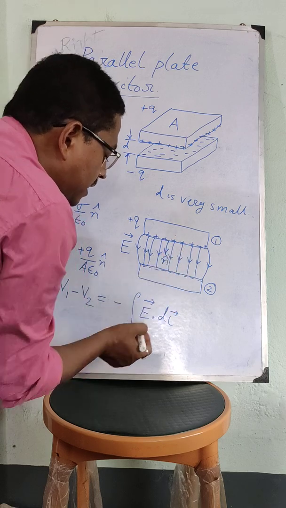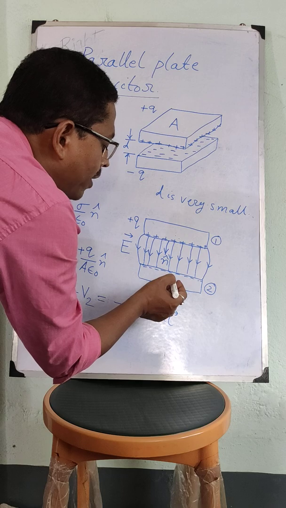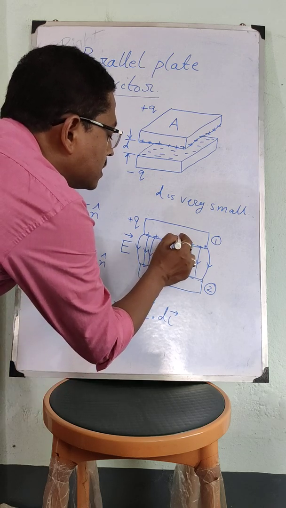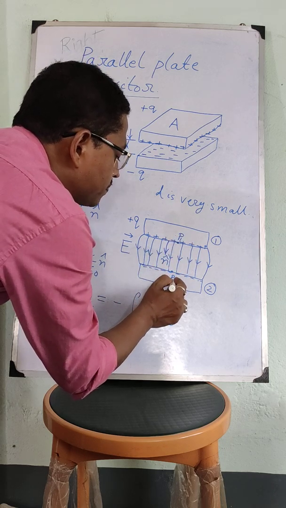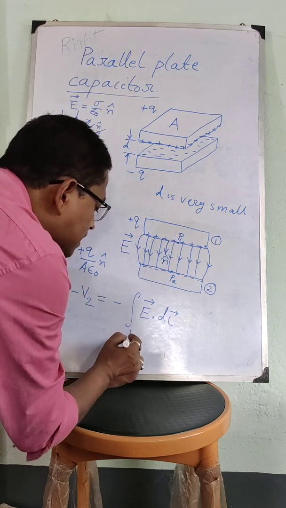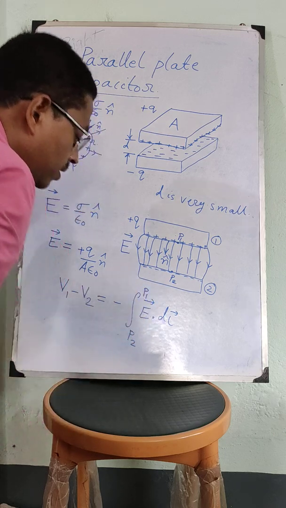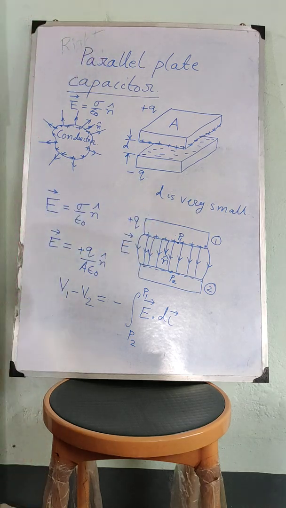So we may consider any point of conductor 1 and any point of conductor 2. Suppose we consider this point P1 and this point P2. So this is the line integration from P2 to P1. So this is the potential difference between the two conductors.